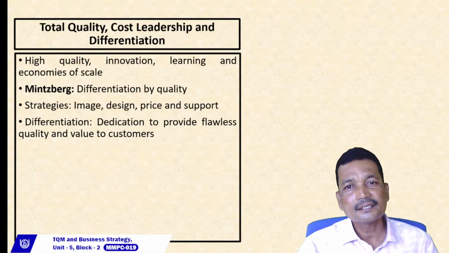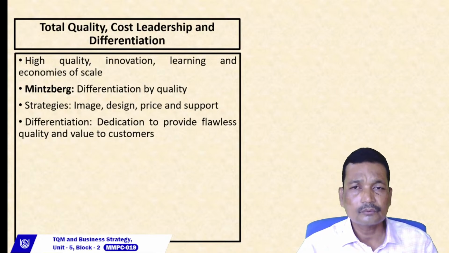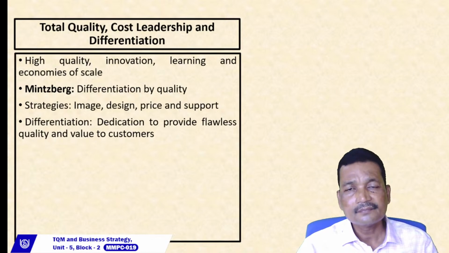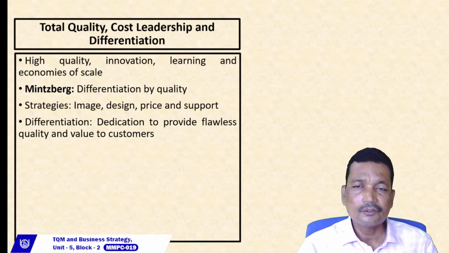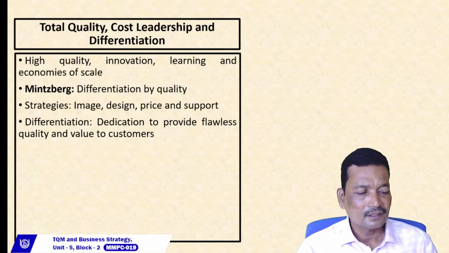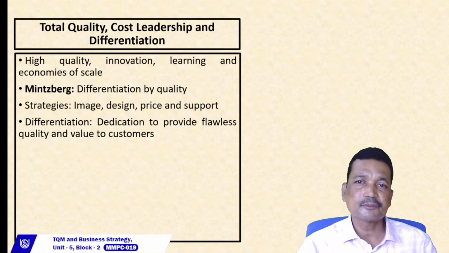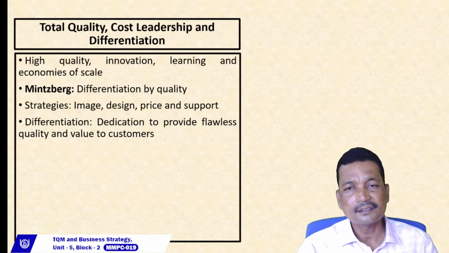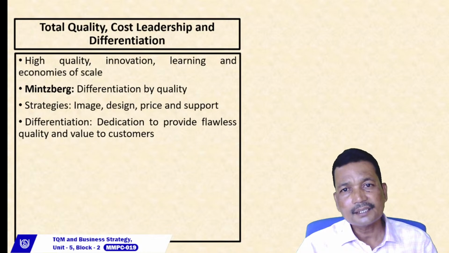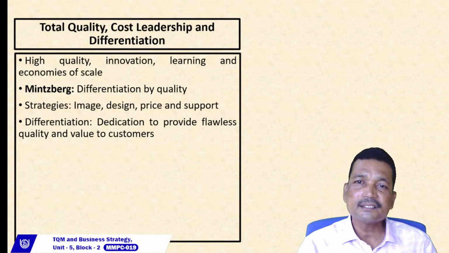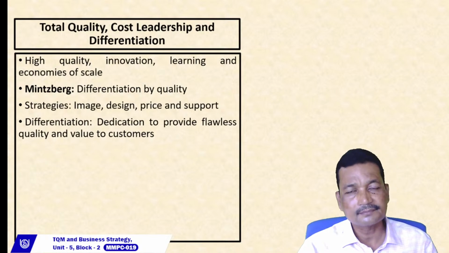There are players like Samsung, Sony, MI, Vivo, Oppo, etc. Now you will find many customers will be moving towards the Samsung brand. Why? There is something in the Samsung product that differentiates it from other brands.